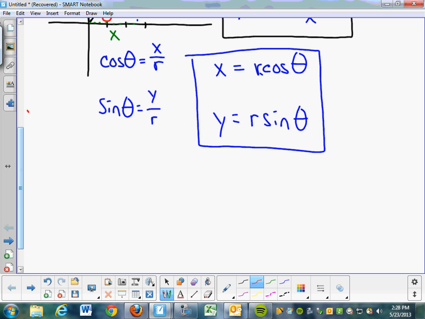And that's what we do to move from polar to rectangular.